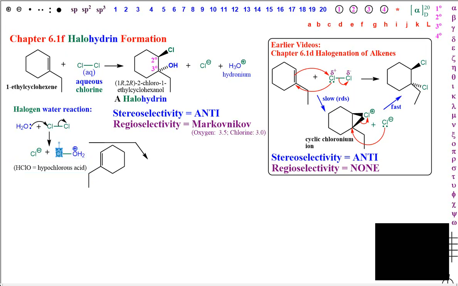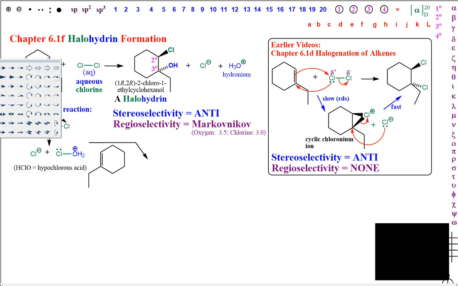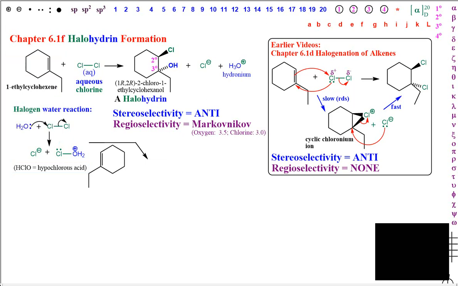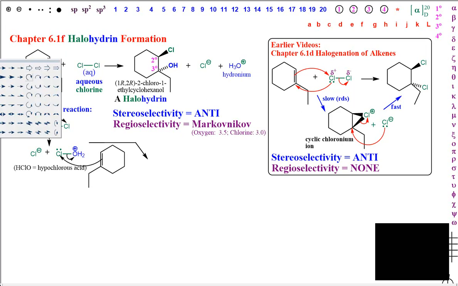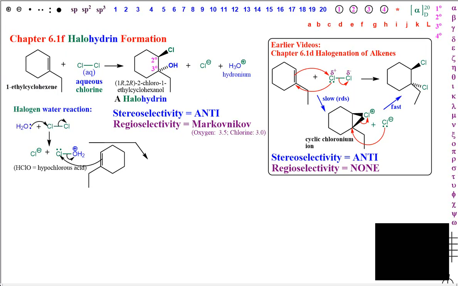That is much slower than generating a triangular intermediate with no octet violations. You might want to review the previous video in 6.1d if that made no sense. Chlorine gets attacked by the pi electrons. Water leaves. The lone pair comes back to the more substituted carbon and makes a sigma bond there.